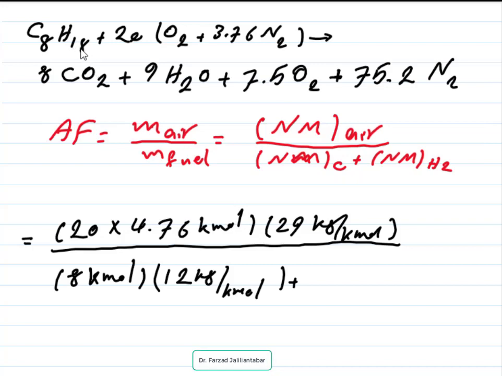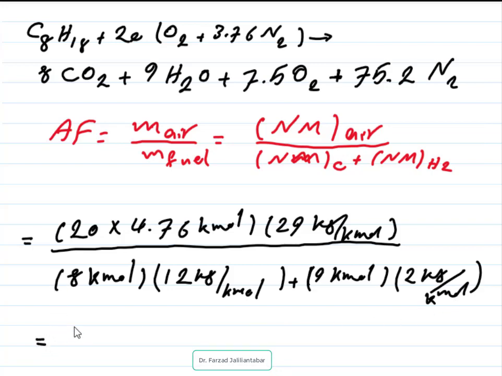Hydrogen usually is H2 in the environment, so we use the molar mass of H2, which is 2 kilogram per kilomole. So by substitution, we have 9 kilomole of H2, whose molar mass is 2 kilogram per kilomole.